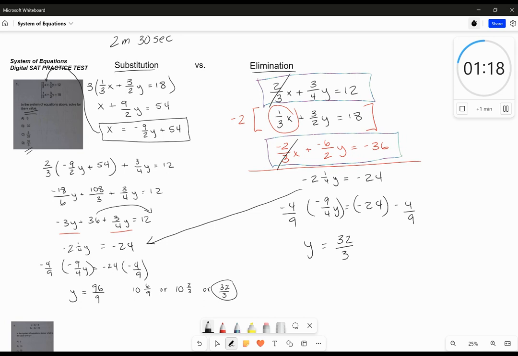And the reason why I should have gone with elimination is because you can easily change one of these, especially the x in this situation, to the opposite of what the x is in the first equation. So this x is the opposite of this x, and we can make the x in the second equation the opposite very easily.